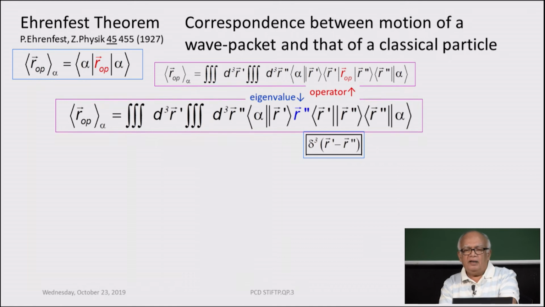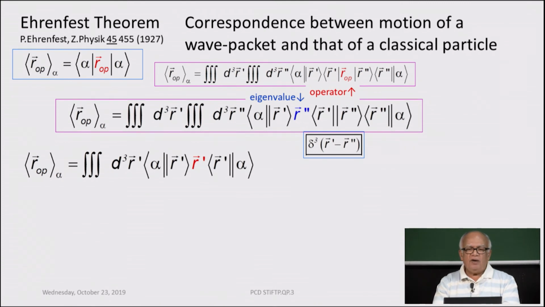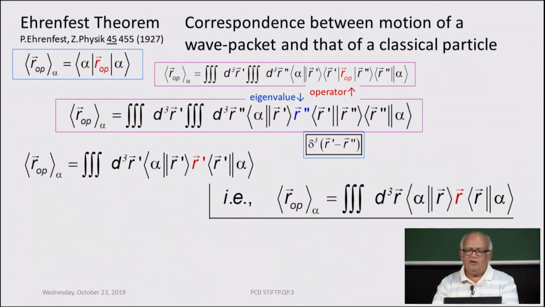And now you get the eigenvalue of the position operator, and you can move that left or right any which way because it is no longer an operator, and use the orthogonality of the position eigenstates, but these are continuous space. So, you need to do a Dirac delta integration, and using the Dirac delta integration you are now left with a single triple integral instead of two triple integrals. Okay? So, this is after the Dirac delta contraction, and you get the expectation value of the position operator.